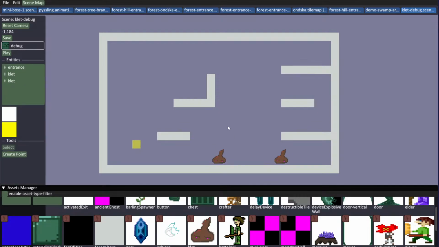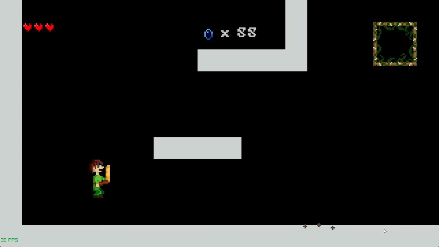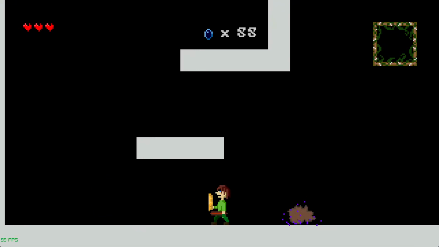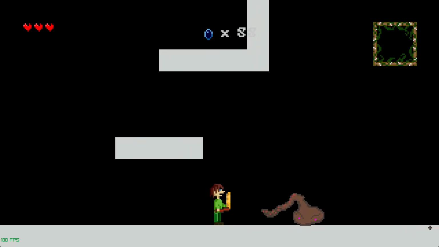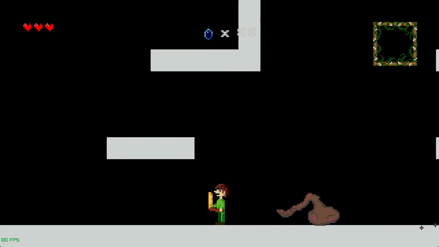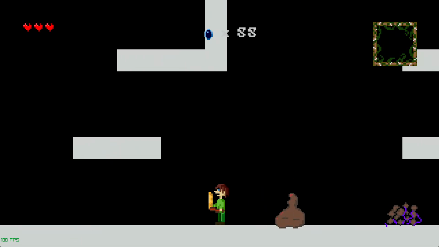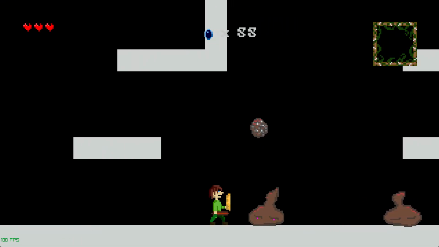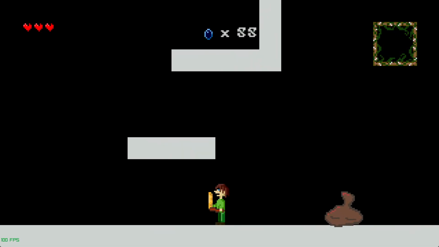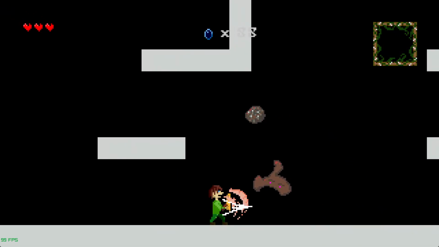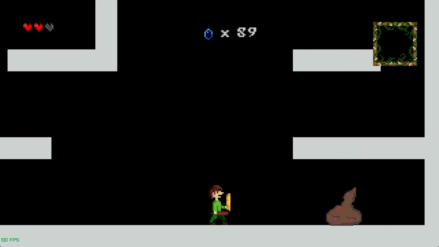These guys probably only need one of those, but whatever. Okay, so we have this guy. You have to catch them when they're jumping, basically. Okay, that didn't go too well.